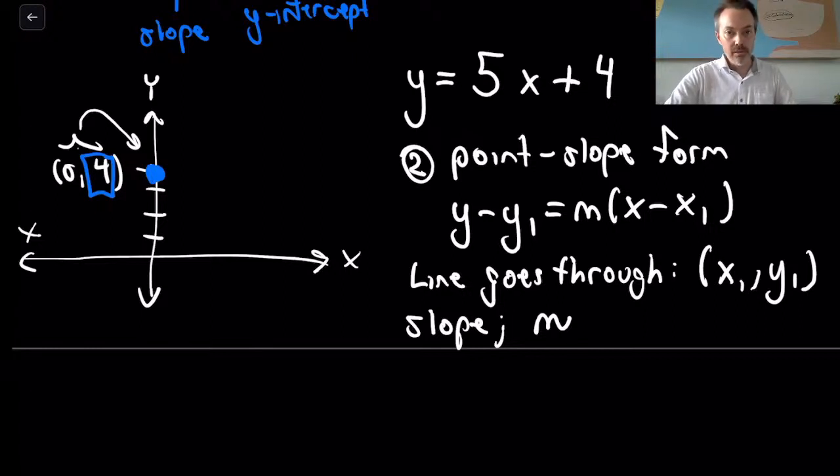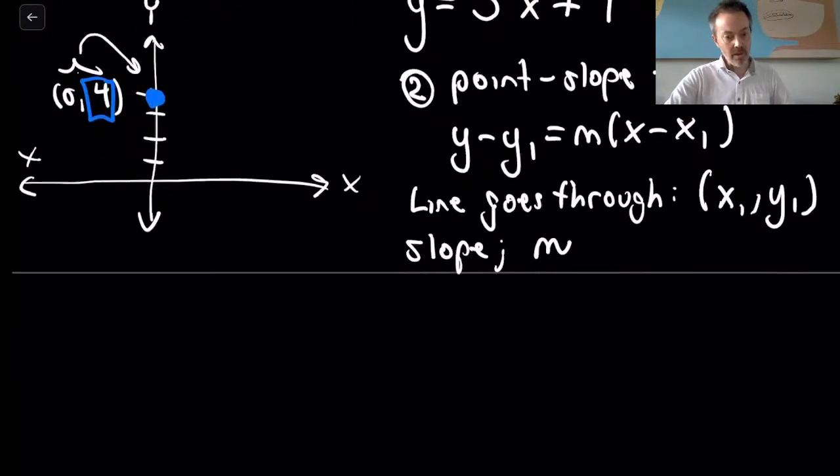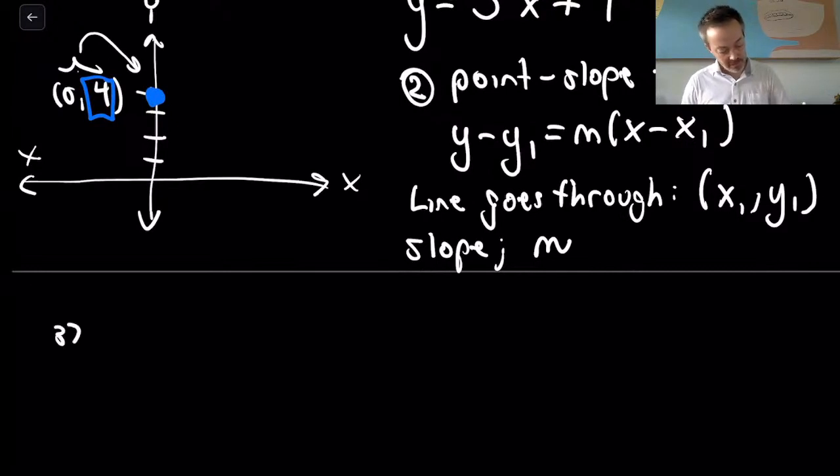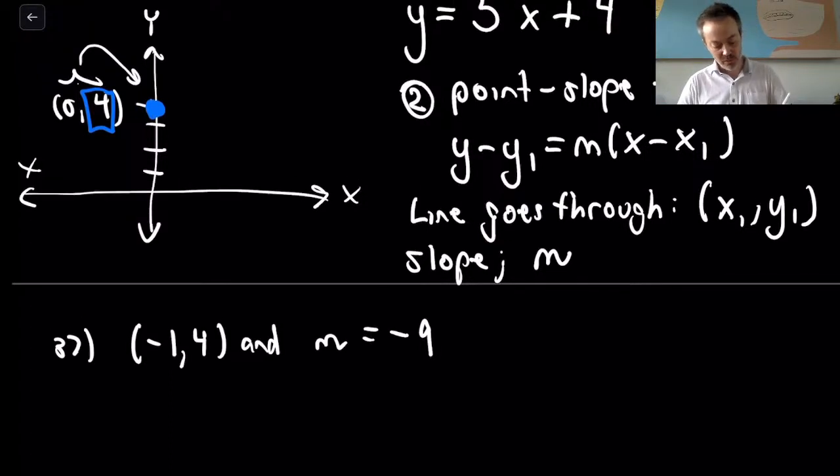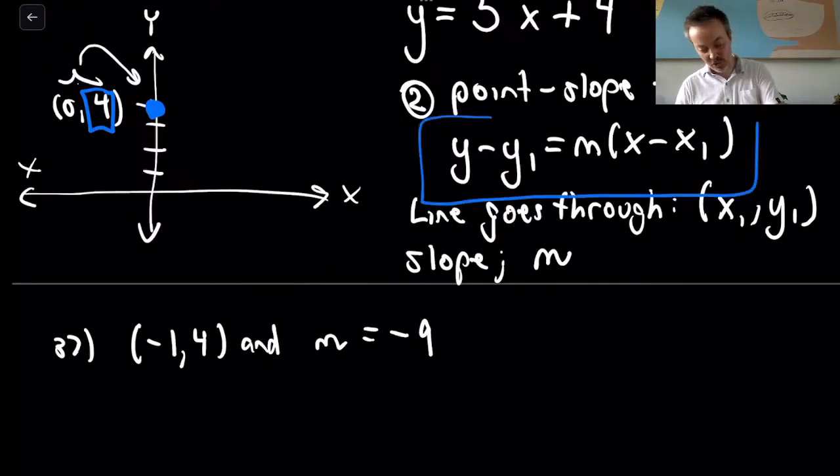Okie dokie. That's not too bad in this one because in 37 we're told that it goes through negative 1, 4, and it has a slope m of negative 9. If you only remember one formula, remember the second one, because it's in a sense the more generic one.